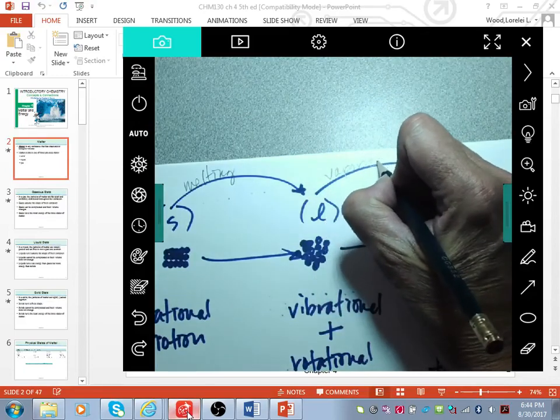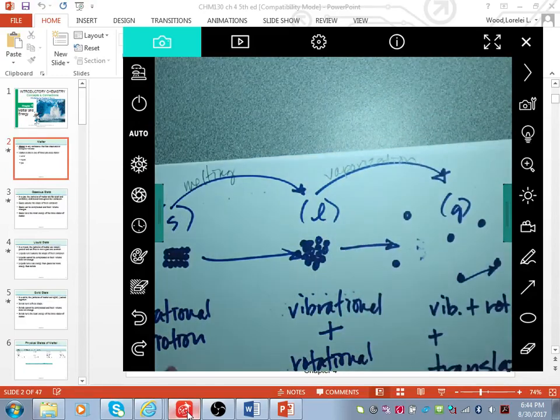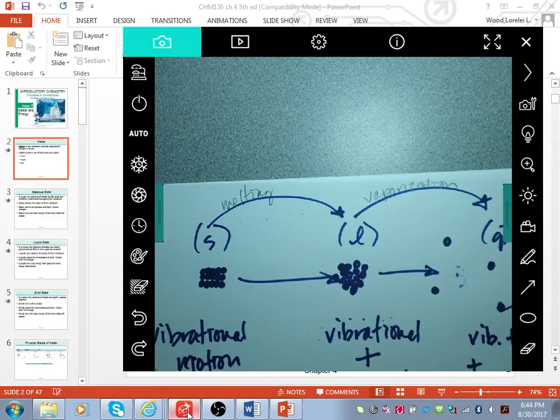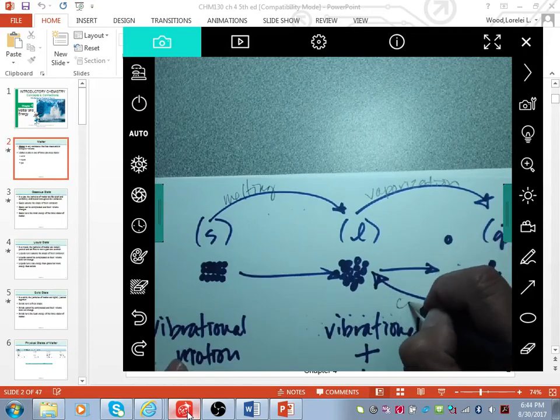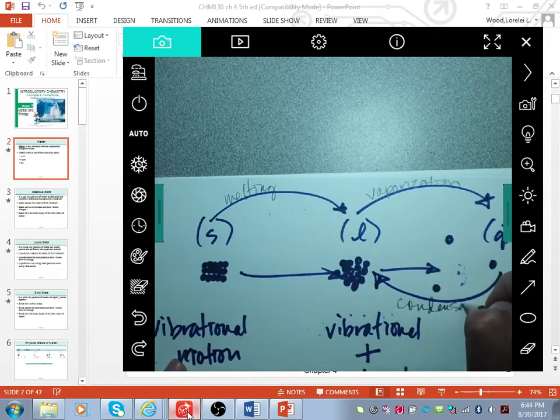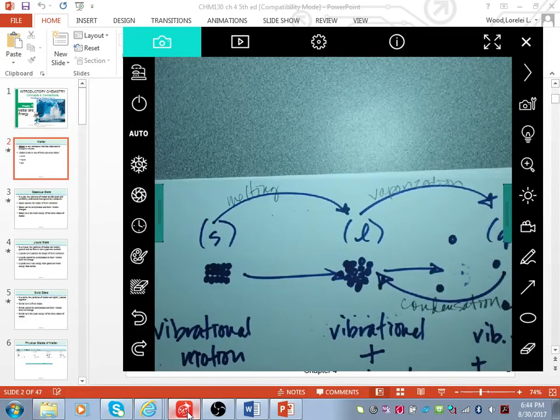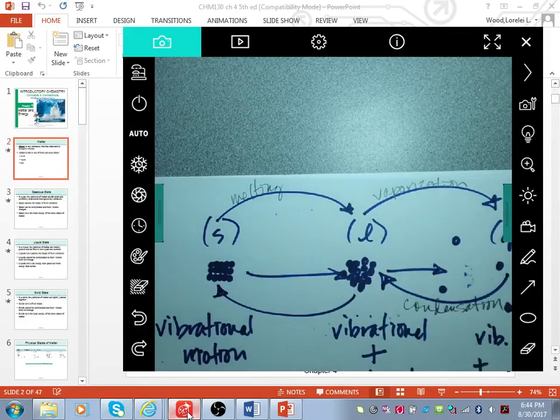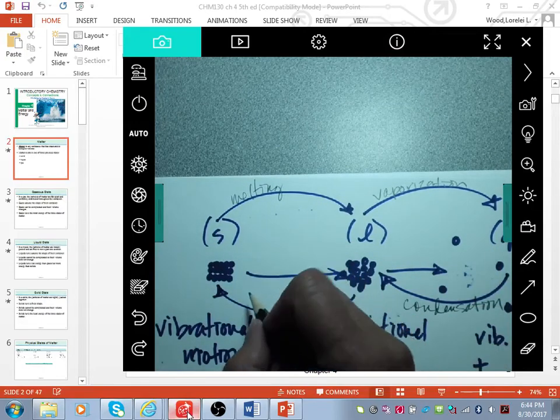Vaporization is a better term than evaporation. Evaporation implies that there wasn't necessarily heat added. All right, going back from gas to a liquid, what do we call that? Condensation. And when we go from a liquid back to a solid, what do we call that? You can call it freezing.